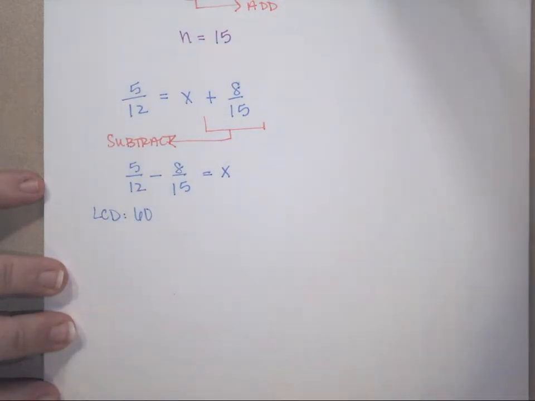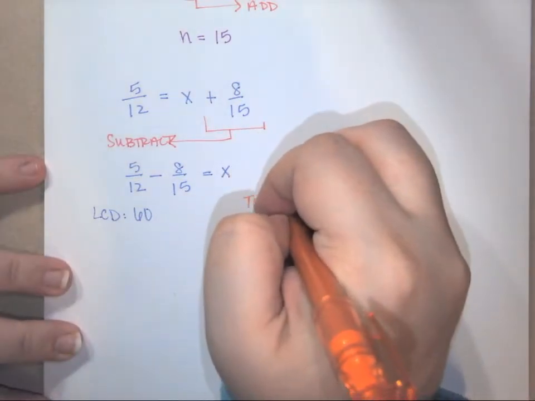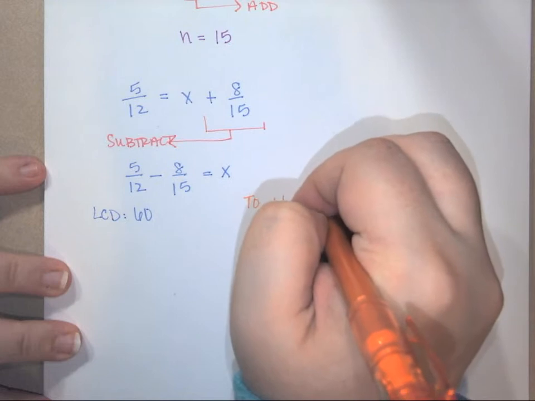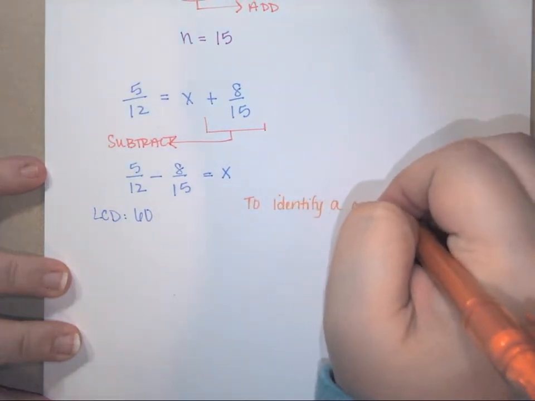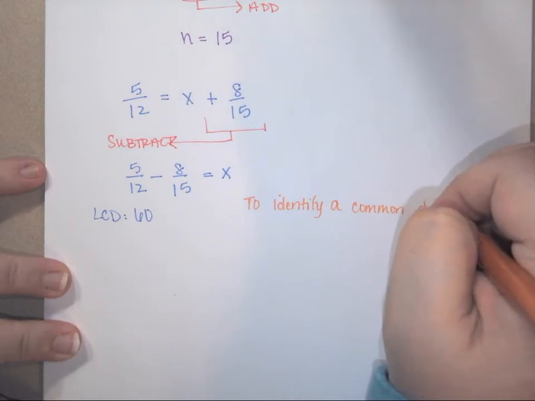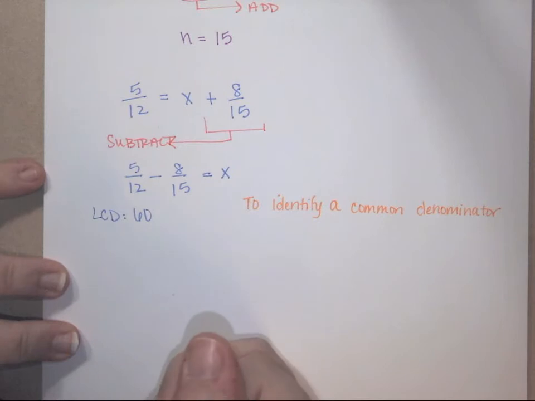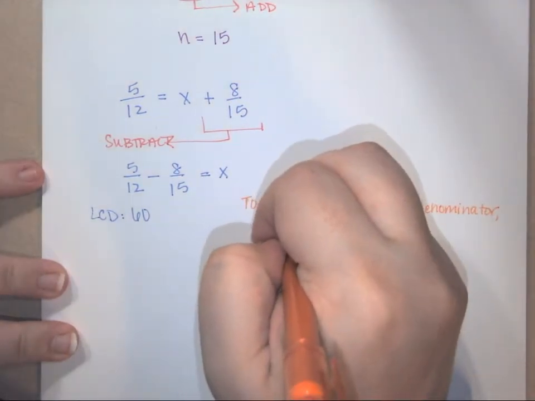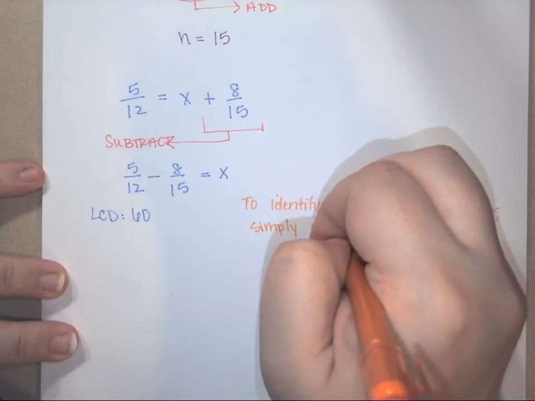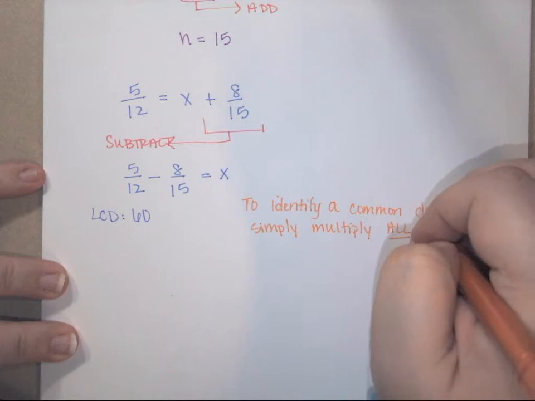Okay? So, as a side note, to identify a common denominator, not necessarily the least, you would simply multiply all denominators together.